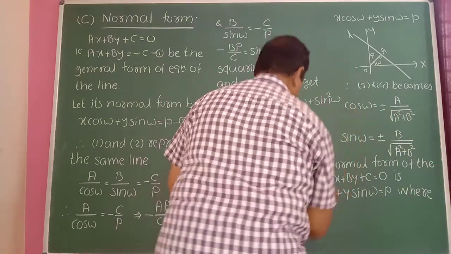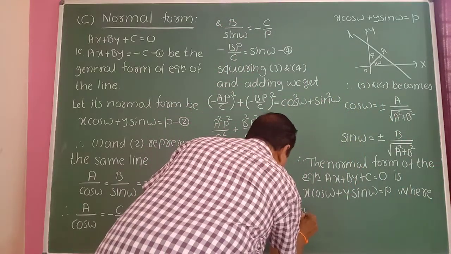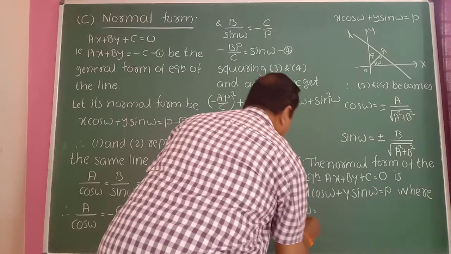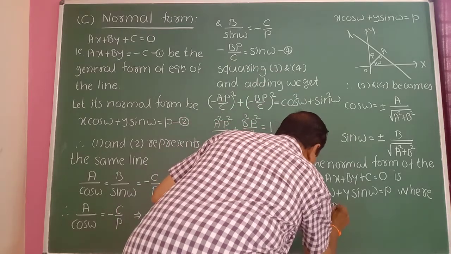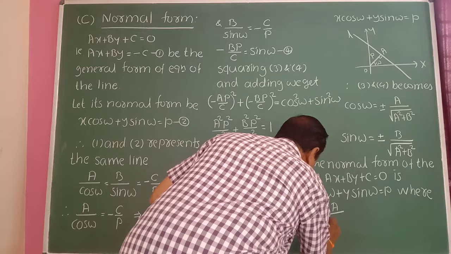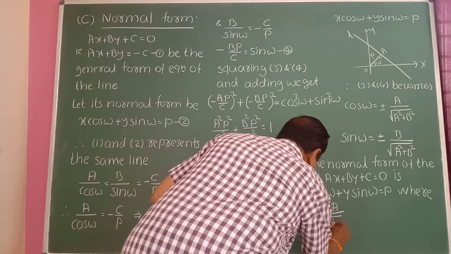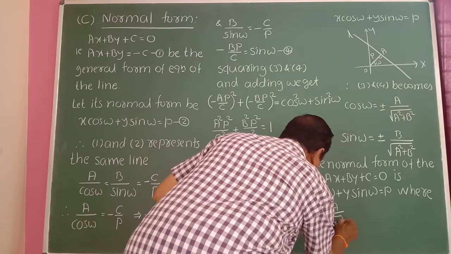cos omega is equal to plus or minus a divided by root of a square plus b square.